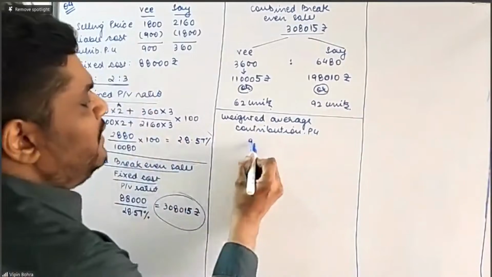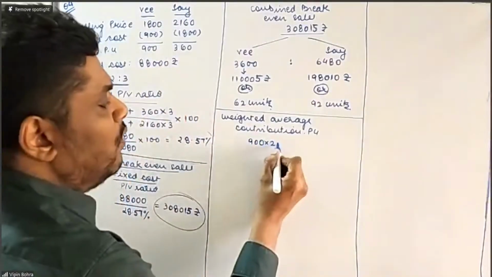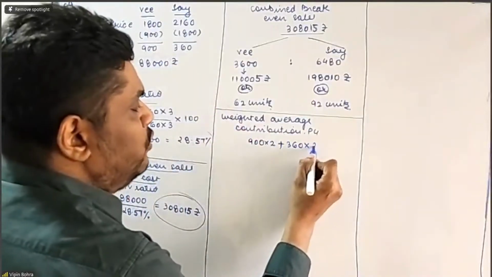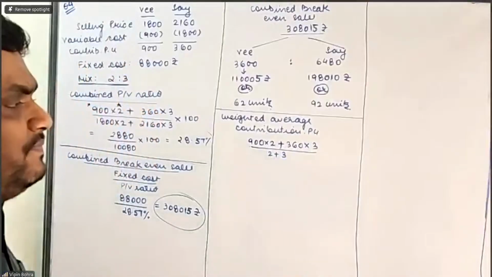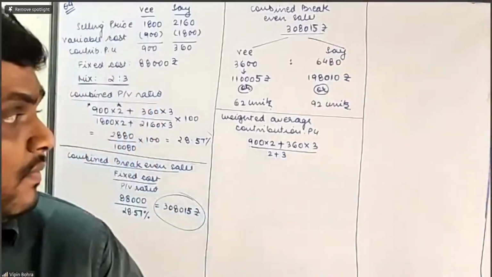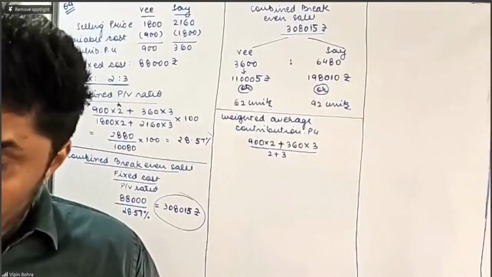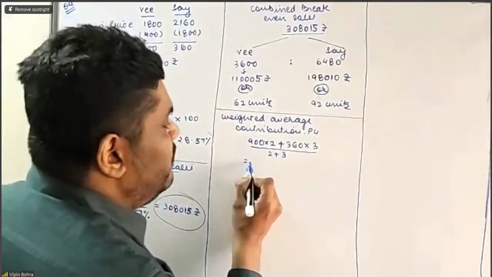My contribution per unit is 900 for this one into 2, plus 360 into 3, divided by 2 plus 3, that is 5.